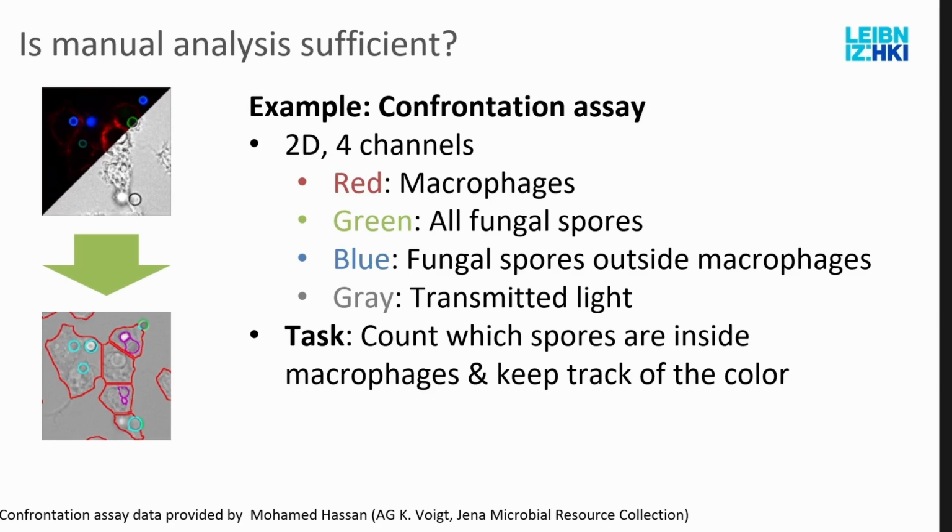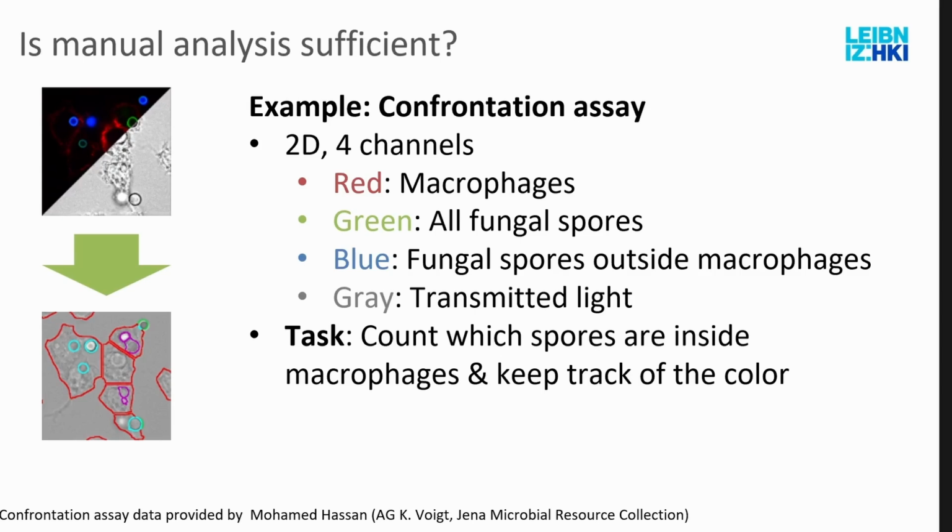For example, I have here a confrontation assay that has 4 channels: red, green, blue, and gray, where different elements or cells are labeled. Red are macrophages, green are the fungal spores, blue are the fungal spores that are also outside of the macrophages, and gray is transmitted light.